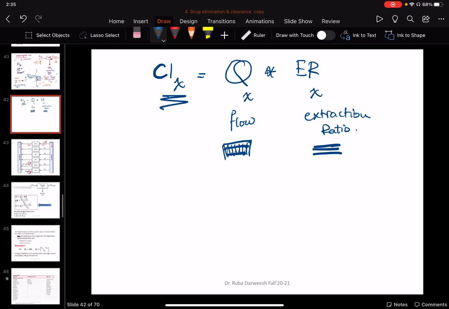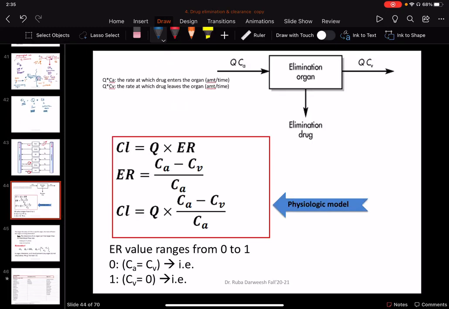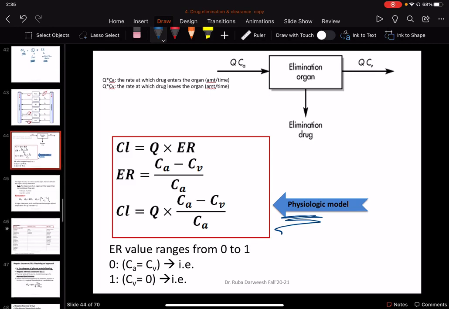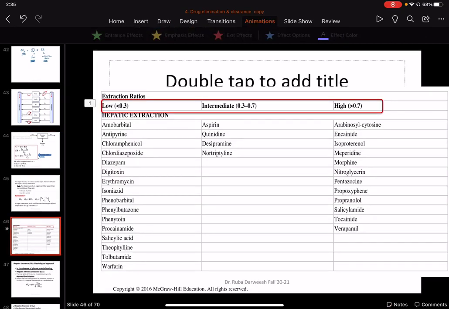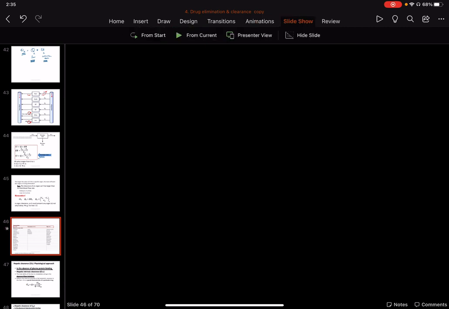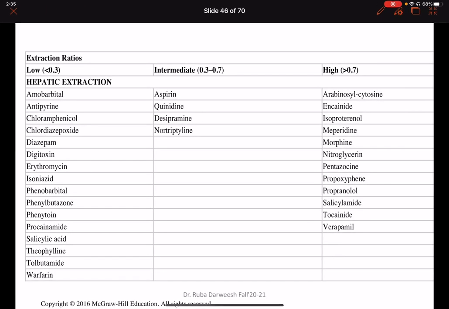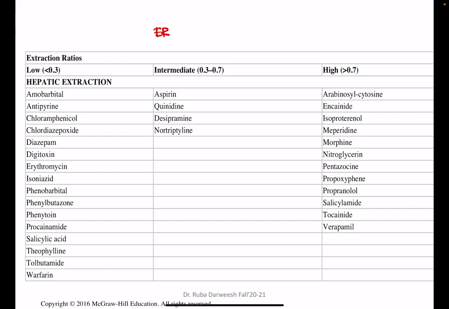And all of what I mentioned is here. Don't forget this is a definition. This definition of the clearance is called the physiological definition of the clearance, or the physiological model. As I mentioned, the extraction ratio of the drug is usually used to categorize the drug in hepatic clearance.